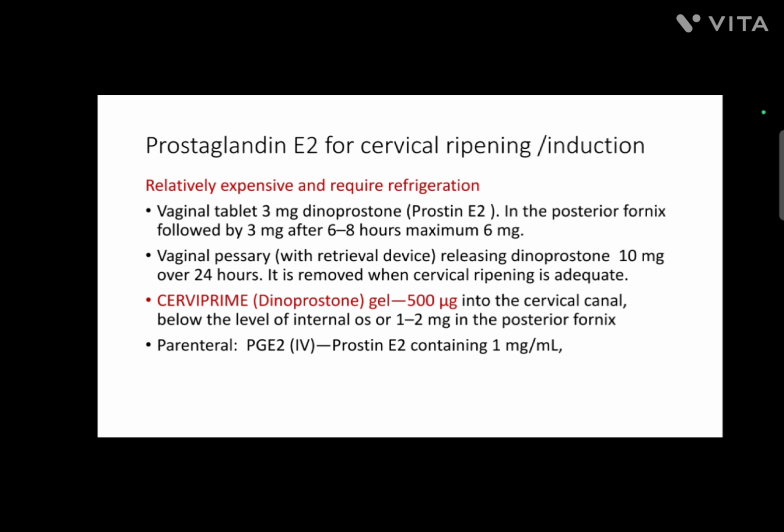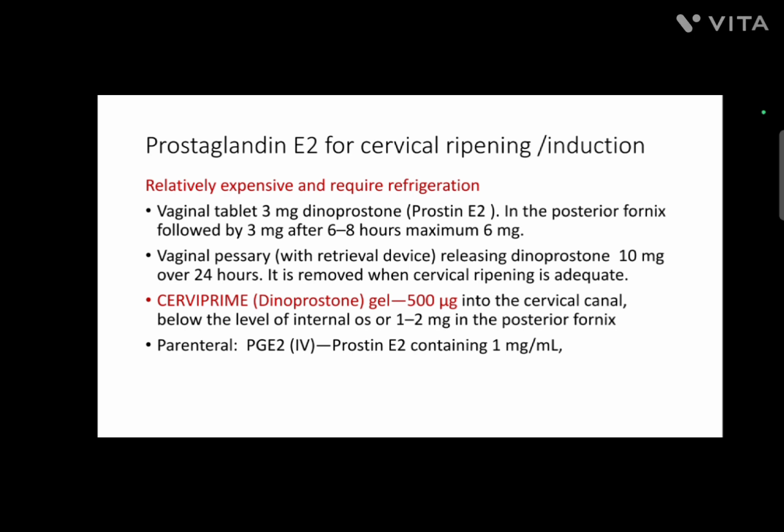Sometimes if you are a DNB student, they will show the dinoprostone vaginal pessary diagram and ask when it is used. Whenever you get time, go through this slide. The vaginal pessary dinoprostone consists of 10 mg, it will work for 24 hours, and when the cervical ripening is adequate, you can remove it.